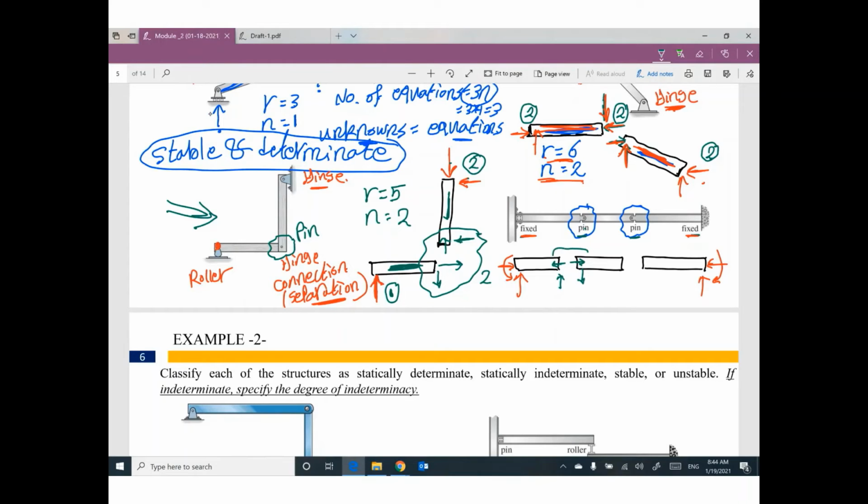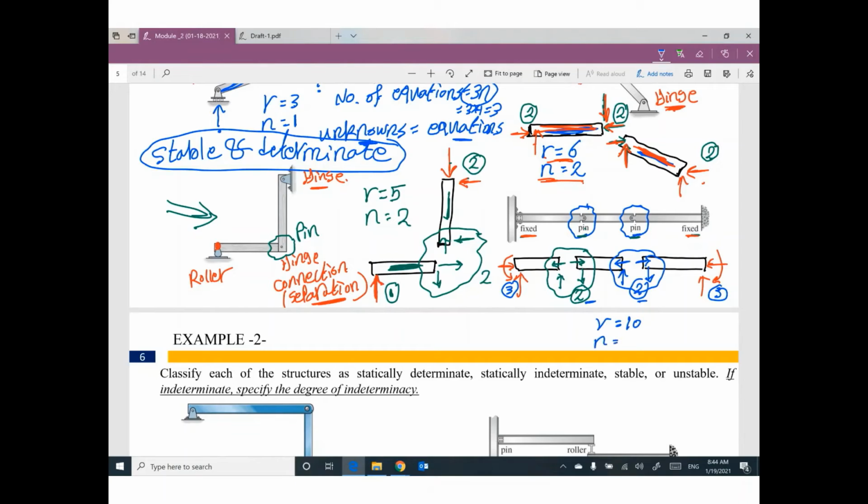So these 4 reactions will be counted as 2. This pin connection, we will have these 2 reactions will be the same, but in opposite direction. So these reaction will be counted as 2. So we have 3, 2, 2, and 3. So R equal 10.